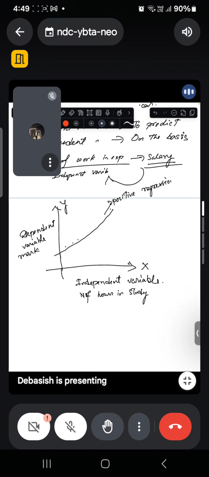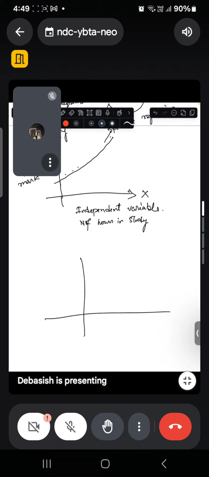If you take another example, x and y, let's consider the vehicle age.